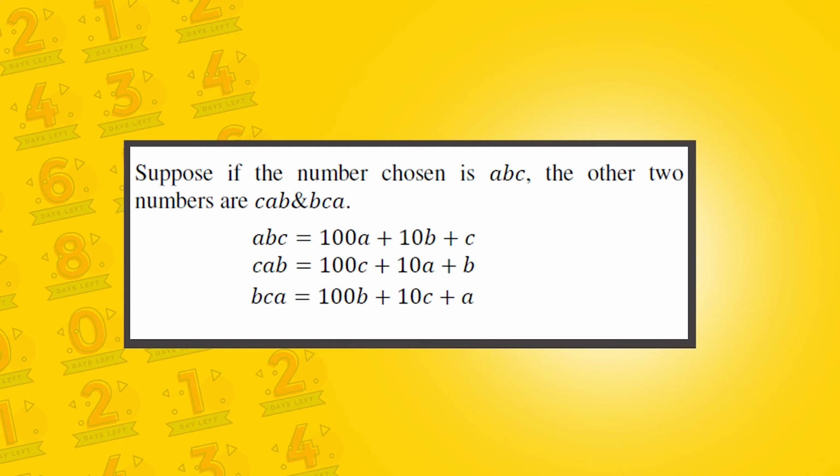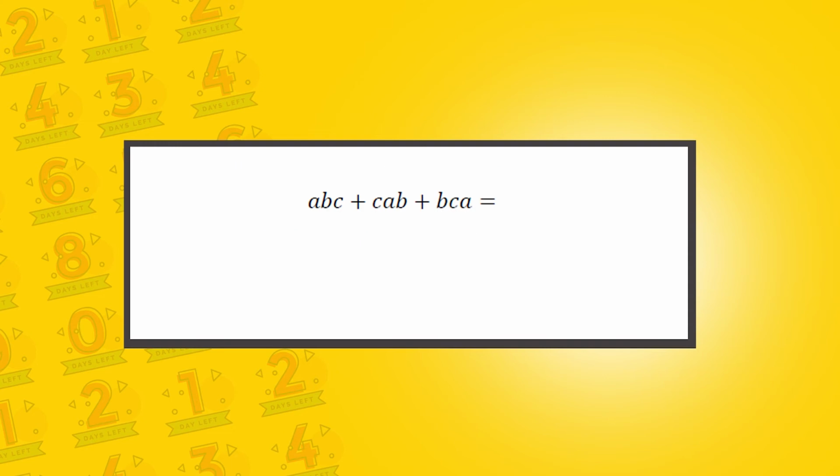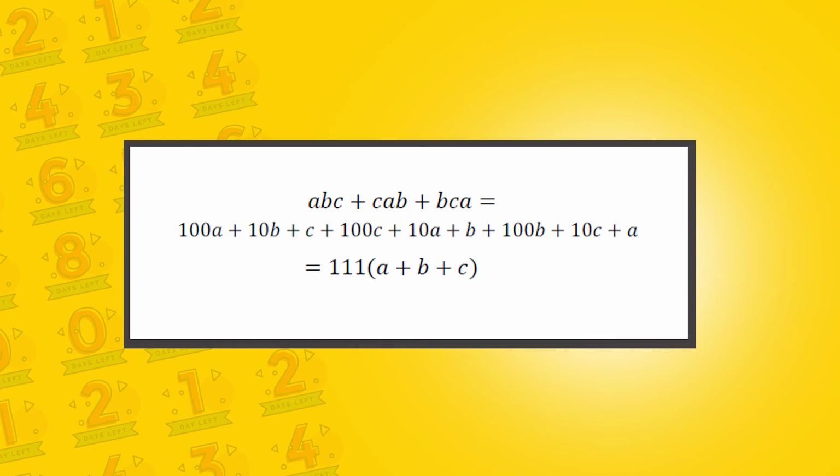So, if we look at the sum ABC plus CAB plus BCA, that is equal to 100A plus 10B plus C plus 100C plus 10A plus B plus 100B plus 10C plus A. Upon simplification, we get this as 111 times (A plus B plus C).